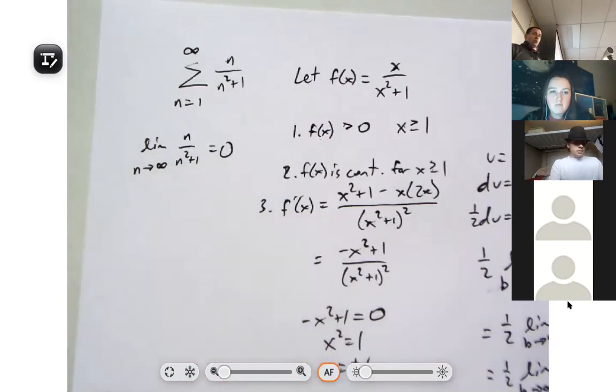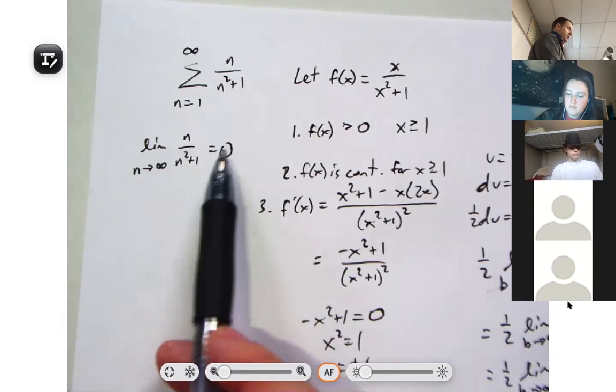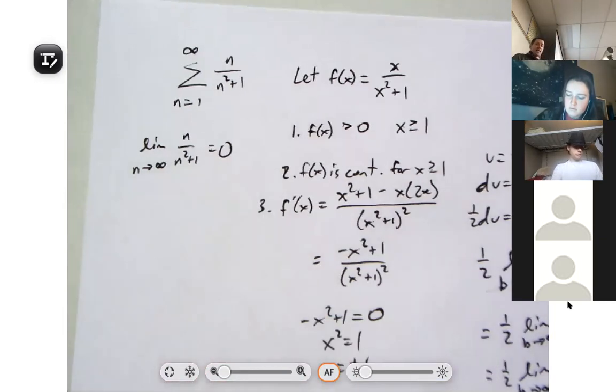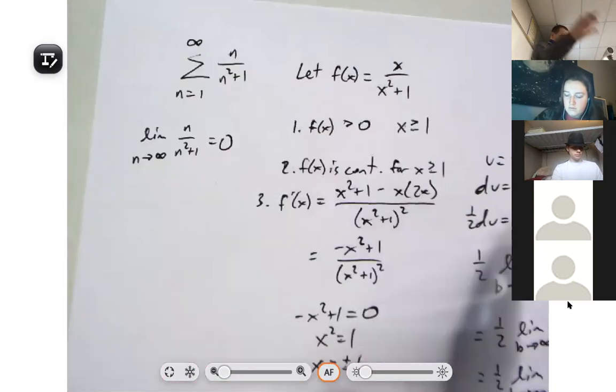That just tells you you don't know whether it converges or diverges at that point. It's still kind of a coin flip. If this limit equals something other than 0, that's actually what you want to happen, because then you automatically know it diverges. This is what will typically happen, and then you'll have to apply more tests.